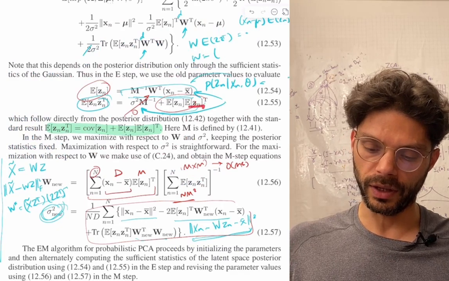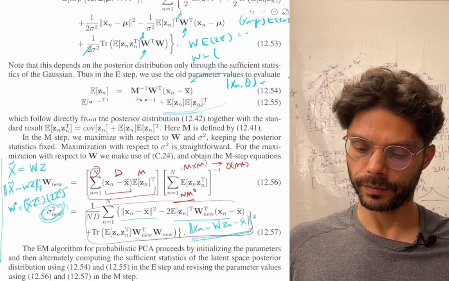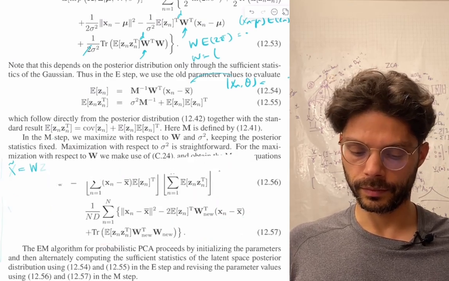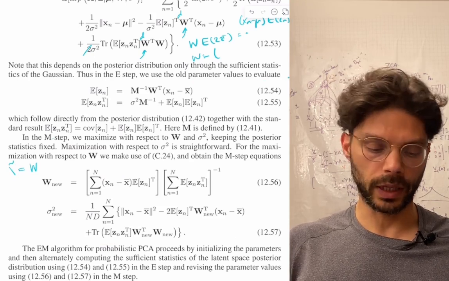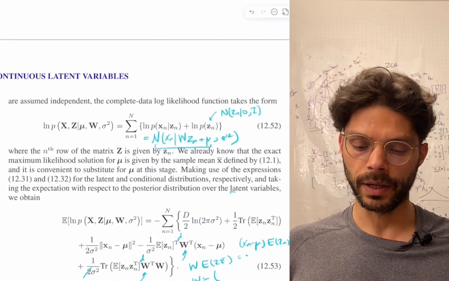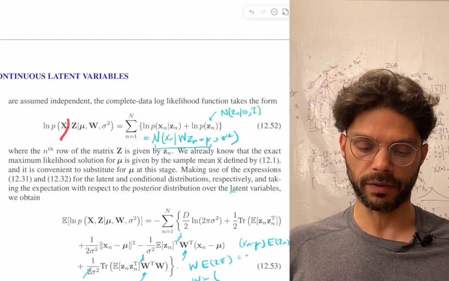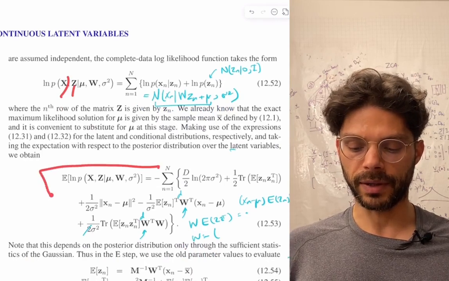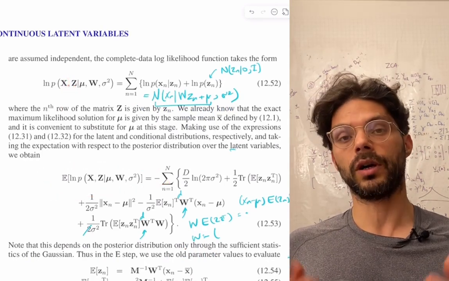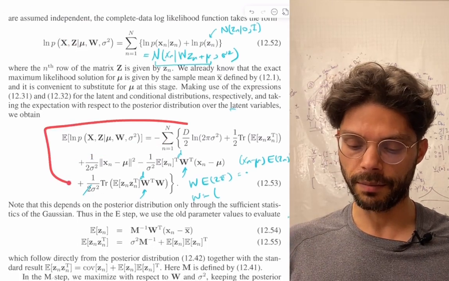So all we had to do in the E step, let's just erase all of this. In the E step, we just had to estimate these values, and that came from forming the log of the joint distribution of the observations and the hidden variables, taking the expectation of the latent variables using the old parameter values, getting this, and then maximizing.